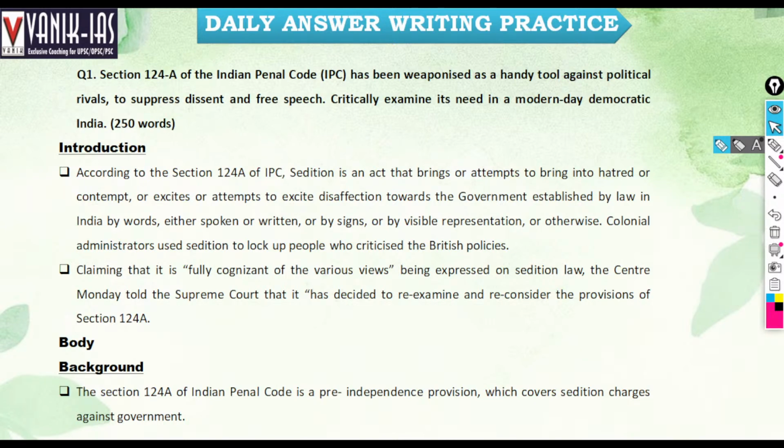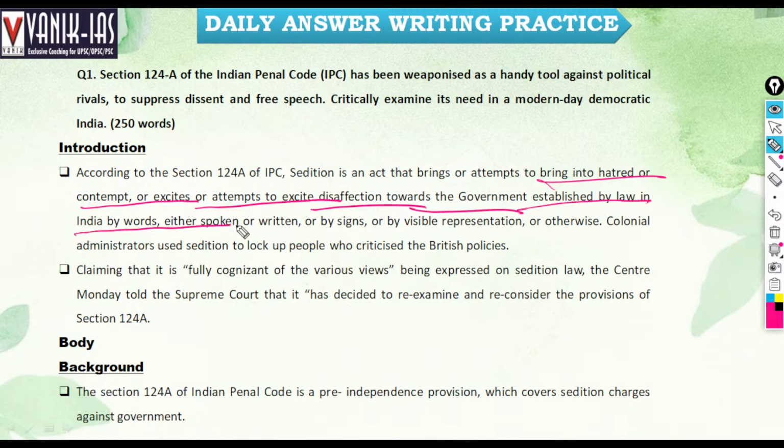According to Section 124A of the IPC, sedition is an act that brings or attempts to bring into hatred or contempt, or excites or attempts to excite dissatisfaction towards the government established by law in India, by words either spoken or written, or by signs, or by visual representation.